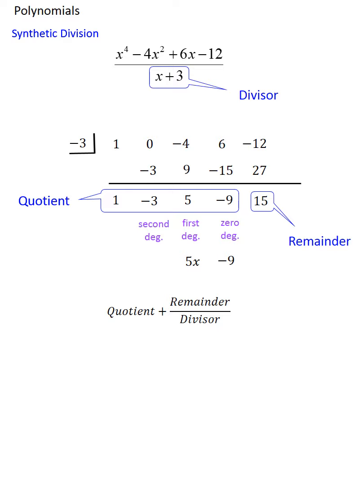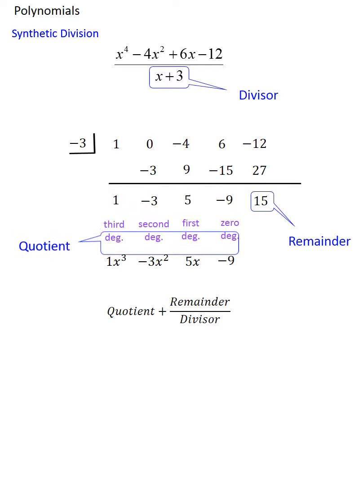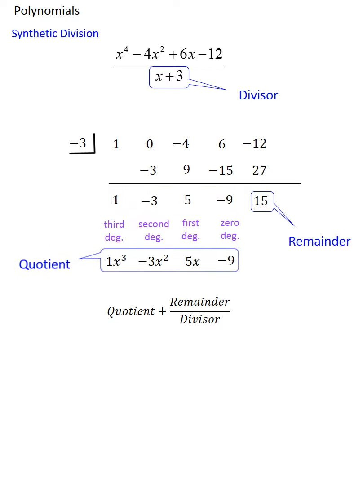And as we go right to left, the degree gets higher. Now I'm on to my 2nd-degree term, meaning that's the coefficient of x to the 2nd. Next would be my 3rd-degree coefficient, the coefficient of x to the 3rd. And if I had more numbers, there would be a 4th degree, 5th degree, and so on. Now that I've reinserted the variables, it turns out the quotient is the sum of those terms.